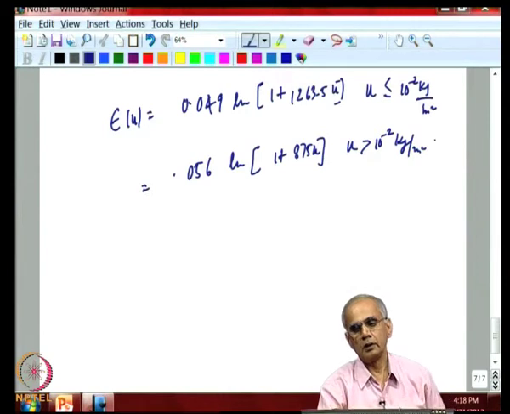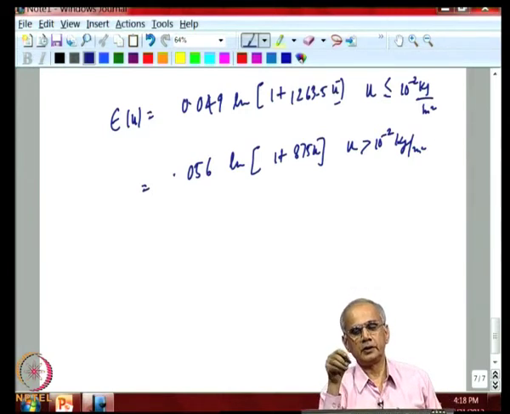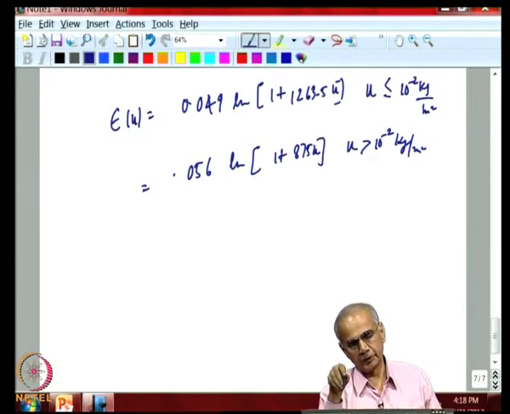So, this is a piecewise continuous function. Emissivity has a certain value below u of 0.1, and at that point the slope changes, but not the function. The function will be continuous, but the slope is not continuous.